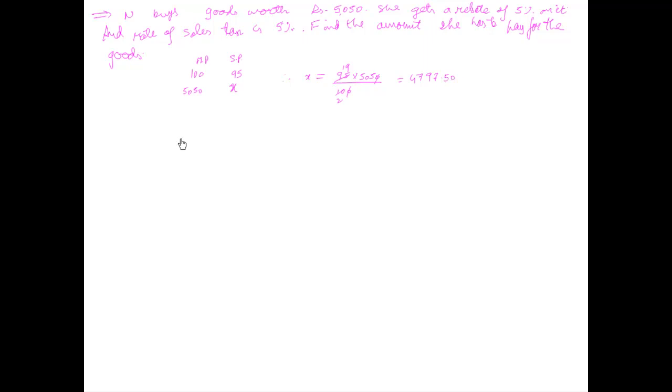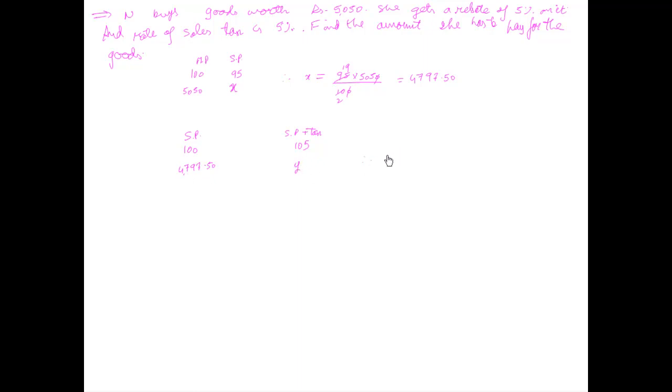Next, children, we'll do selling price plus tax. Selling price 100, selling price plus tax is 105. Selling price is 4797.50. How much is this?